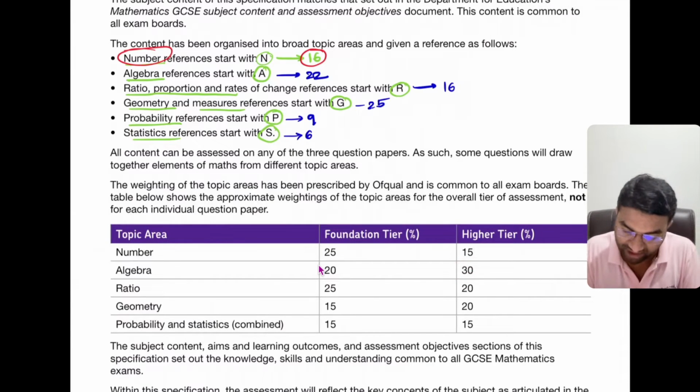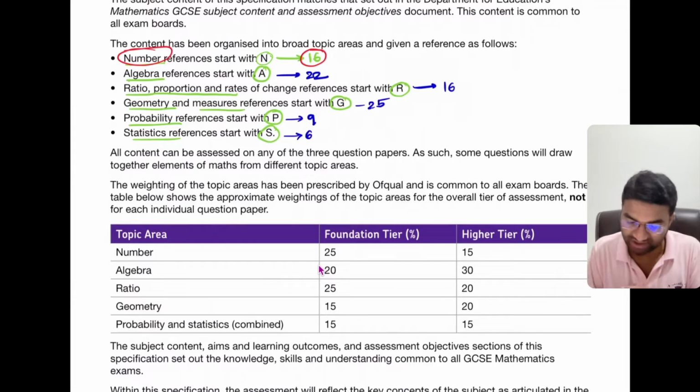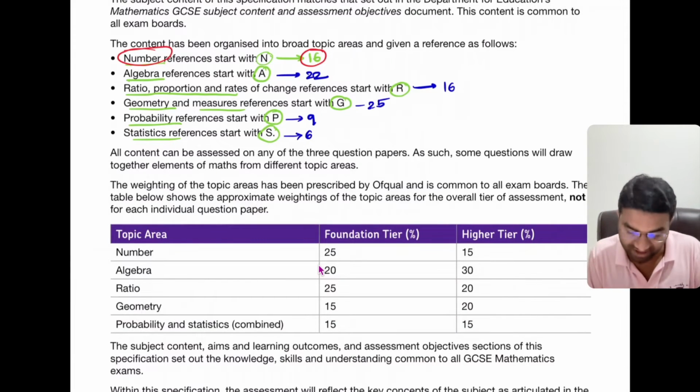For ratio, again the foundation tier has more weightage, 25%, and 20% in the higher tier. Geometry is 15% and 20% in the higher tier. And probability and statistics is 15%, the same for both. So basic topics will be there, and we will discuss them later on.